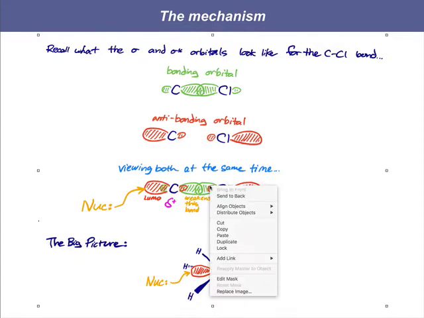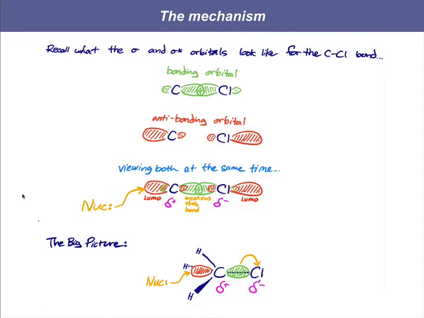Now, a question would be, why does the nucleophile go after the carbon and not the chlorine? Because they both have a lobe from the LUMO. There's a LUMO lobe off the carbon, and there's a LUMO lobe off the chlorine right here and right here. So why does the nucleophile go after the carbon side and not the chlorine side?